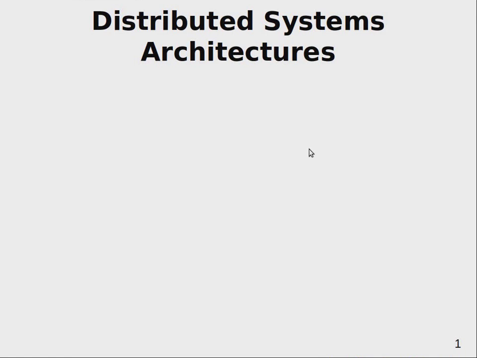The second part of today's session is about more complicated things: distributed systems architectures, or architectures of distributed systems. In the previous topic I told you about recurring patterns, these design structures, for a single standalone system.